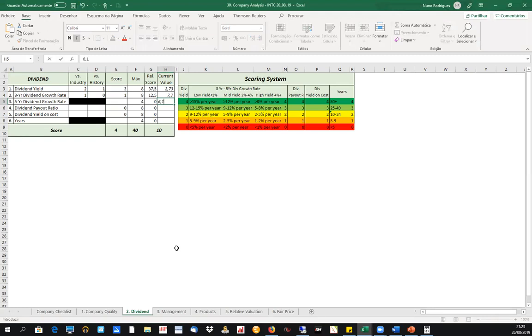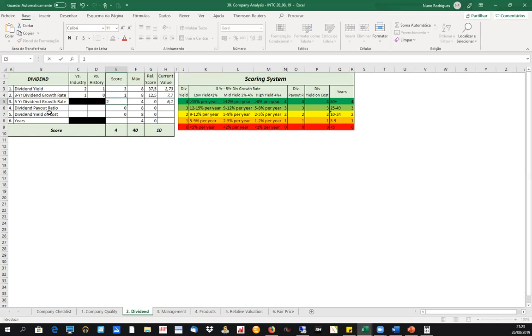Now here it gets a little bit tricky, because we have to match the current dividend yield, which is 2.73%. So 2.73% fits between the 2 and 4%. So we'll take a look at this middle column, all right? Next, we have a 6.1% growth rate over the past 5 years. So a 6.1% will come here in the yellow color, in between the 5 and 9% per year. So we will score a 2, all right?